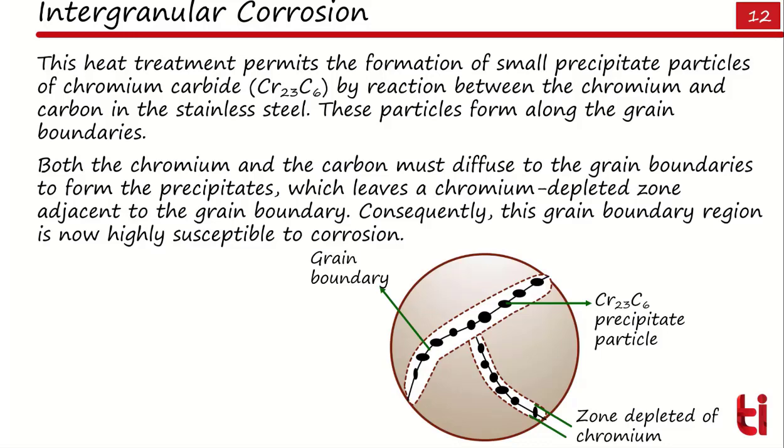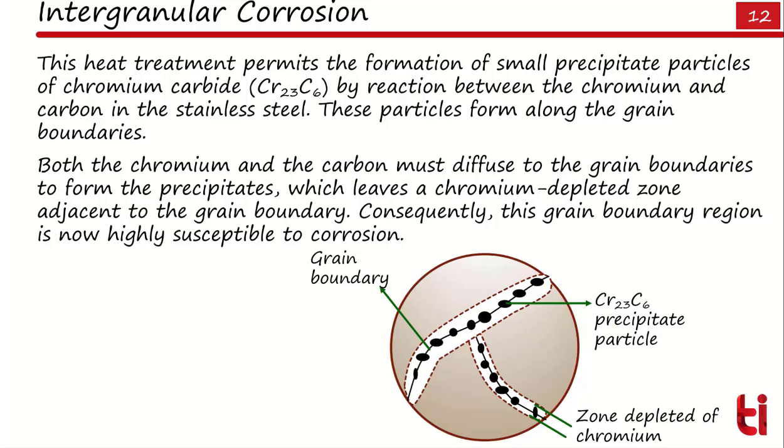When you heat stainless steel, it permits the formation of small precipitates of particles of chromium carbide by reaction between the chromium and carbon which is present as constituent of the steel. These particles form along the grain boundaries. So what happens when you start heating the steel?